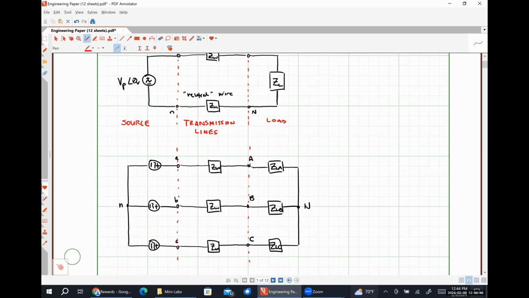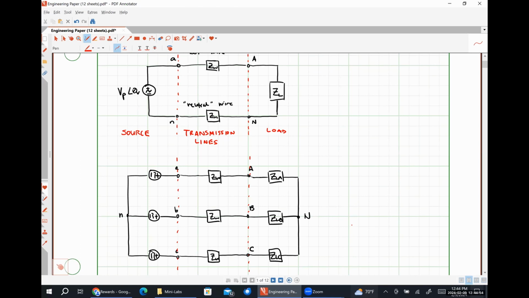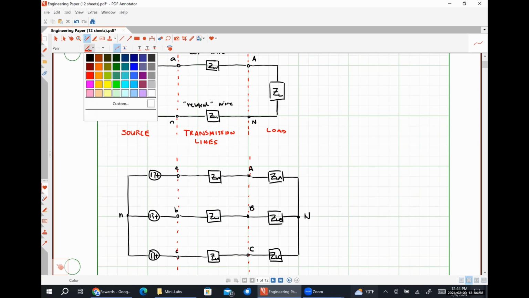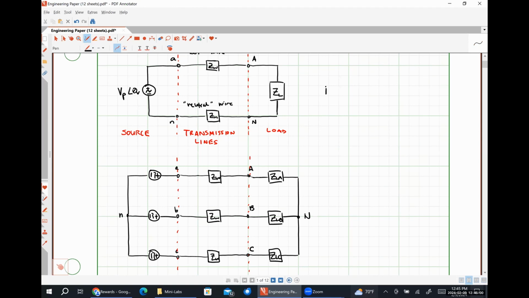So I will answer it for you. Notice here, our load in this case is absorbing some amount of power. Let's just call it P load. And it takes two wires to deliver that power P load to our load.